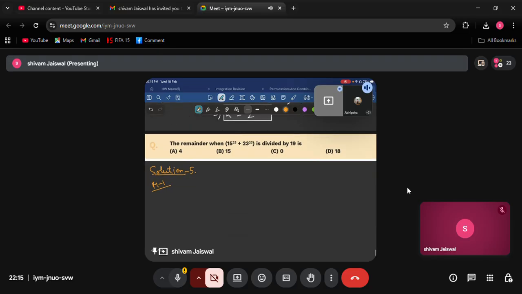Using binomial, so 15 to the power 23, can I write it as 19 minus 4 whole to the power 23?